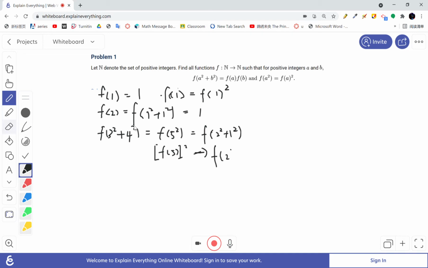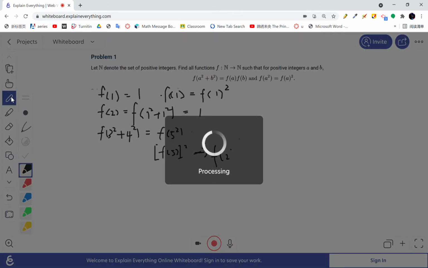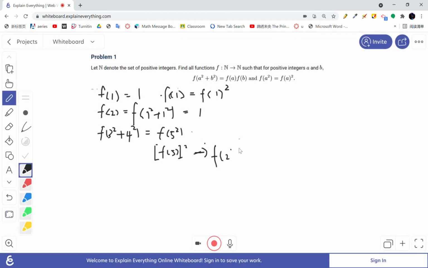Sorry, this line is incorrect. This becomes f of 2 squared plus 1 squared, which clearly is equal to 1.